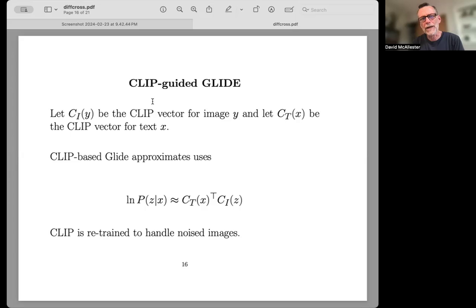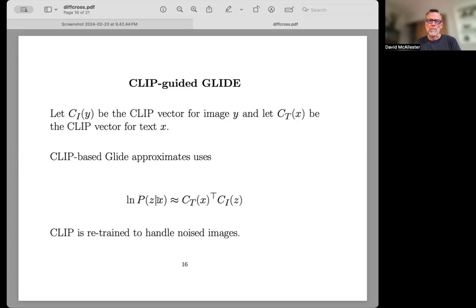All we're doing here is using this CLIP joint embedding of text and images to give us a model of the image given the text. So we're going to take the log probability of the image given the text to be proportional to this product of the text vector and the image vector. So CLIP, in this case, is just giving us a way of computing this conditional probability.